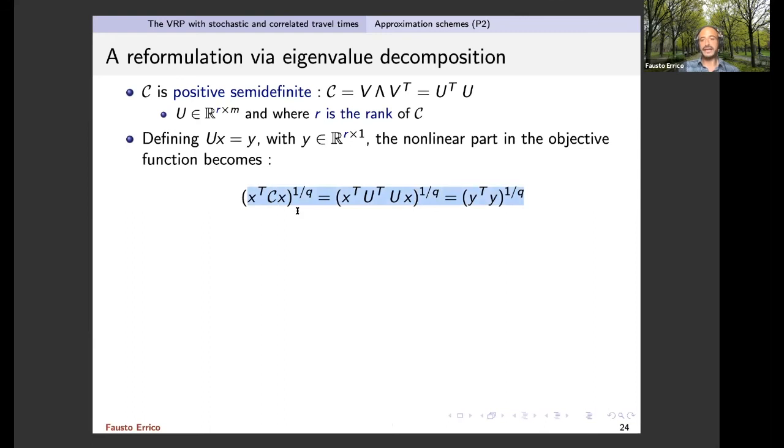So in practice, we can diagonalize the objective function.